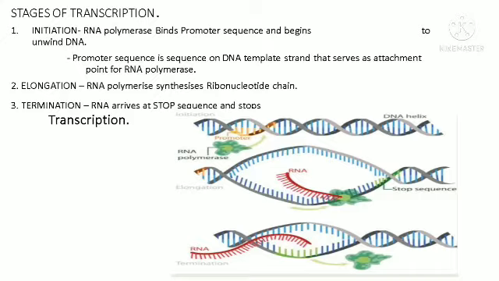DNA transcription can be divided into three stages: initiation, elongation, and termination. So in initiation, on the template strand, if you can see the diagram, you have a sequence known as a promoter.